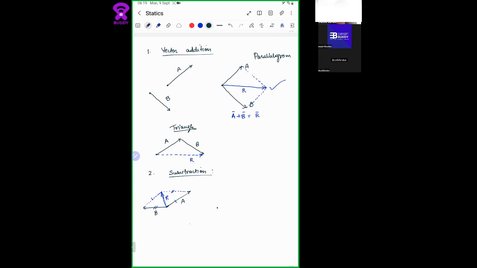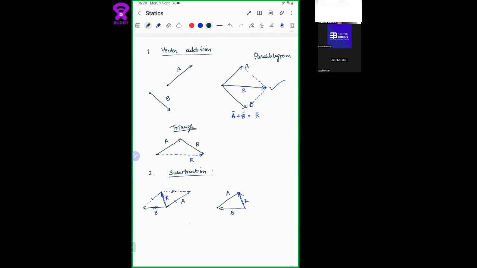You can put A here, then put B here, and you'll see that R has resulted in the same way. It doesn't matter whether you use the rule of parallelograms or the triangle rule, you'll get the same answer.